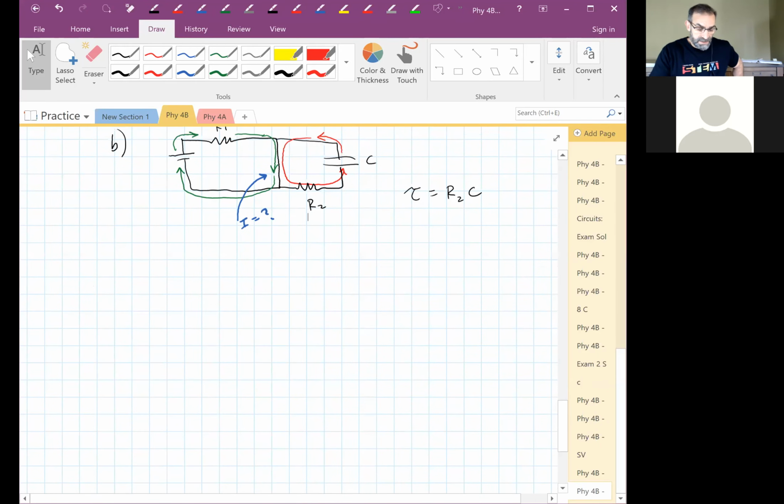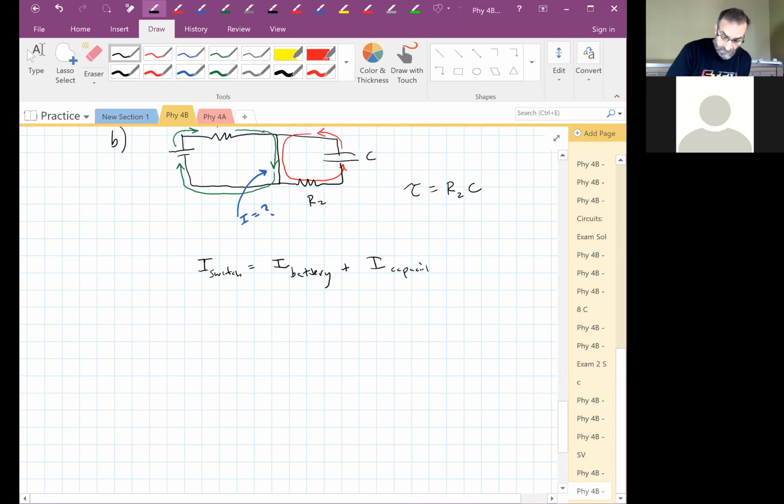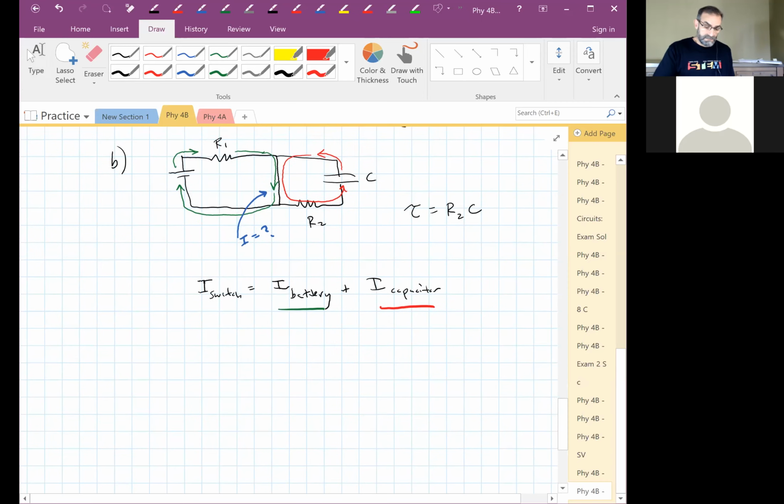The current due to the battery plus the current due to the capacitor discharging. The current due to the battery, what's that? That's the easy part.